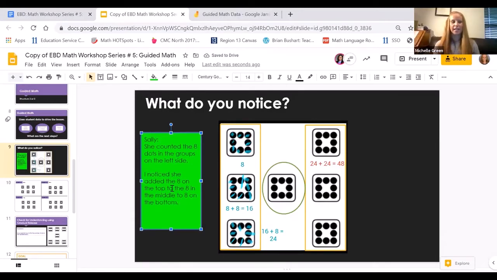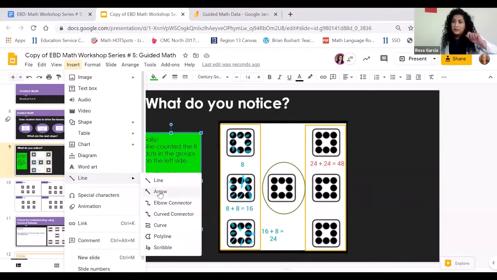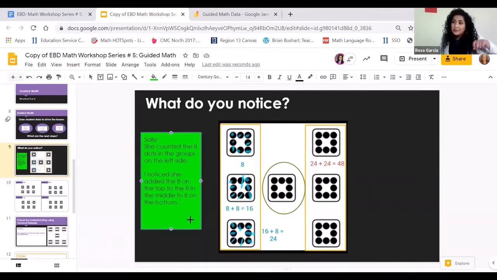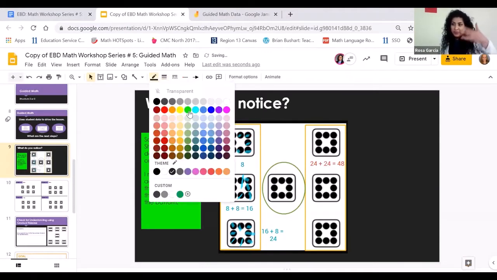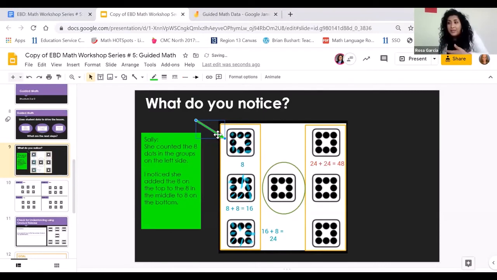She did notice that. Now, what in that picture helped you to notice that? What did you see that made you realize that that's what she was doing? She kind of marked her dots, and then she created an equation. I could see where she wrote her thinking 8 and then 8 plus 8, put that together, and then the total plus 8, put it together again.